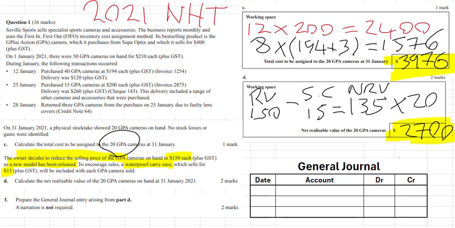So subtract the NRV from the cost. If it's lower, that triggers a write down. So therefore, we're going to get a write down of 1276. And so in our GJ, make sure you put in your date of 31st of Jan.